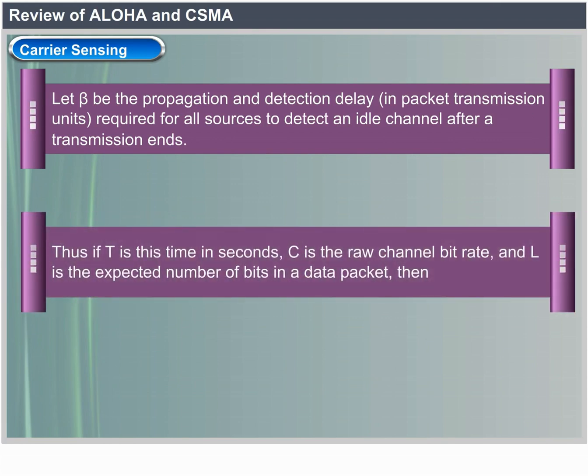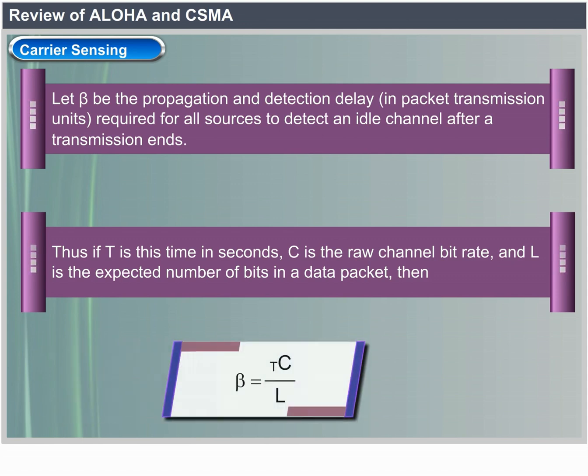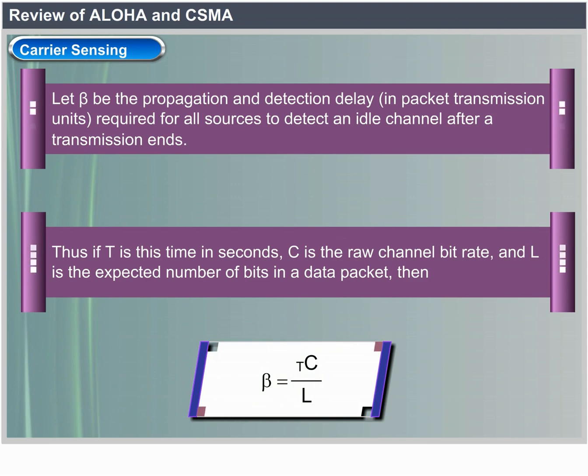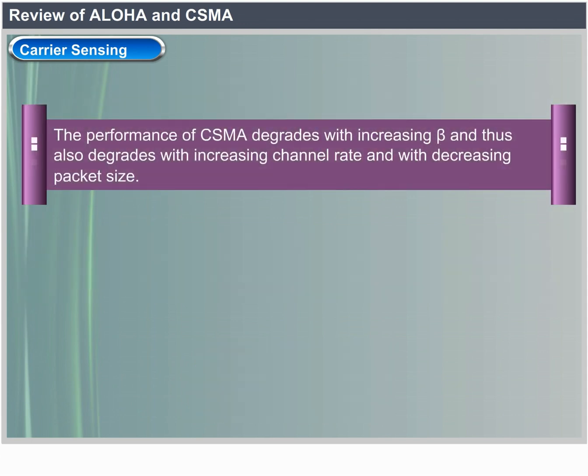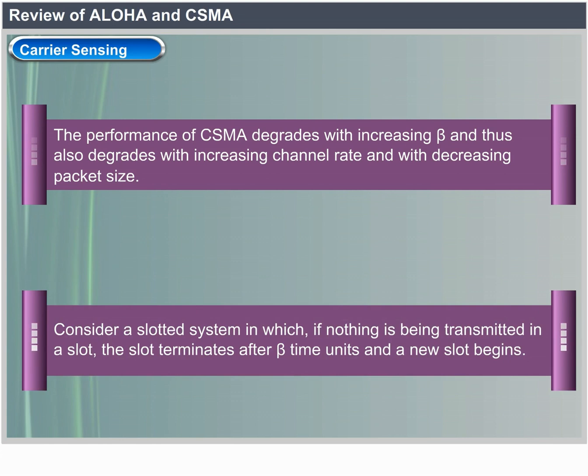Thus, if tau is the time in seconds, C is the raw channel bit rate, and L is the expected number of bits in a data packet, then beta is equal to tau C by L. The performance of CSMA degrades with increasing beta and thus also degrades with increasing channel rate and with increasing packet size. Consider a slotted system in which if nothing is being transmitted in a slot, the slot terminates after beta time units and a new slot begins.